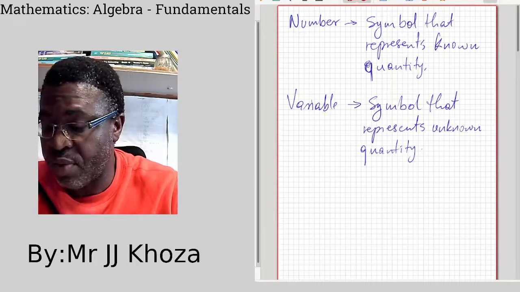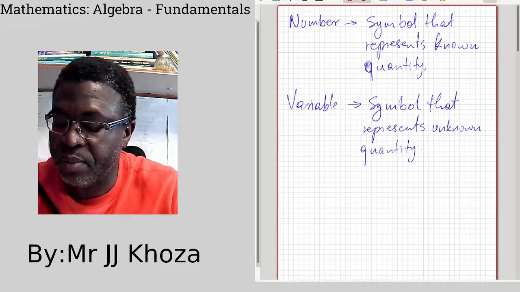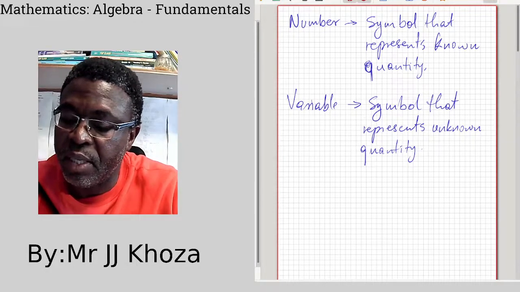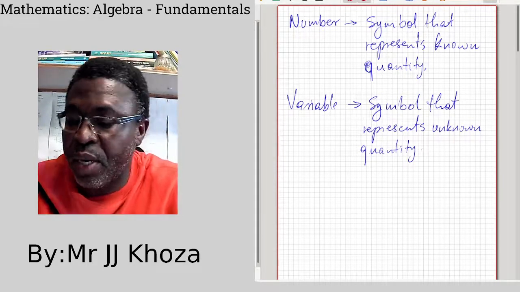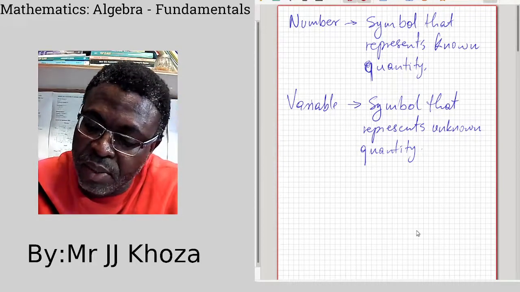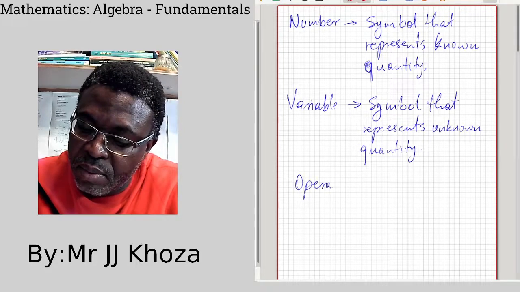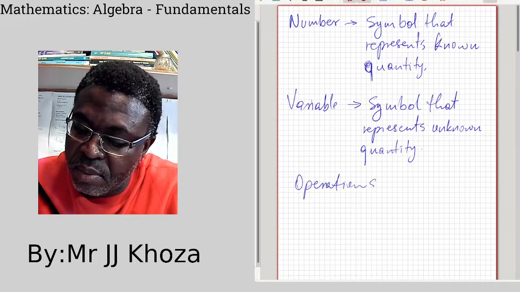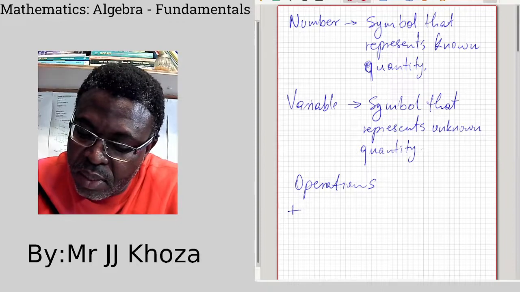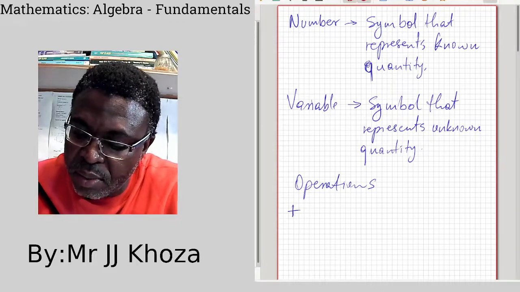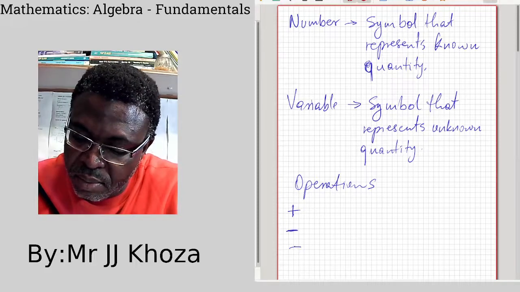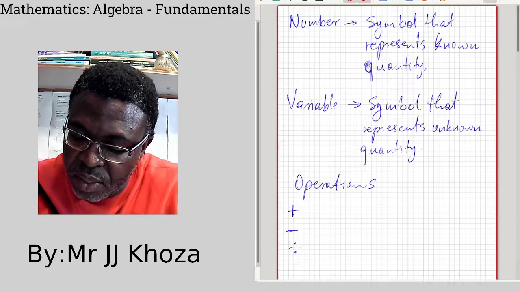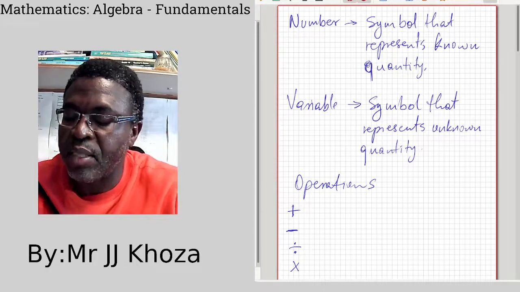This is a very important point: in mathematics we have four operations. It's addition, subtraction, division, and multiplication.